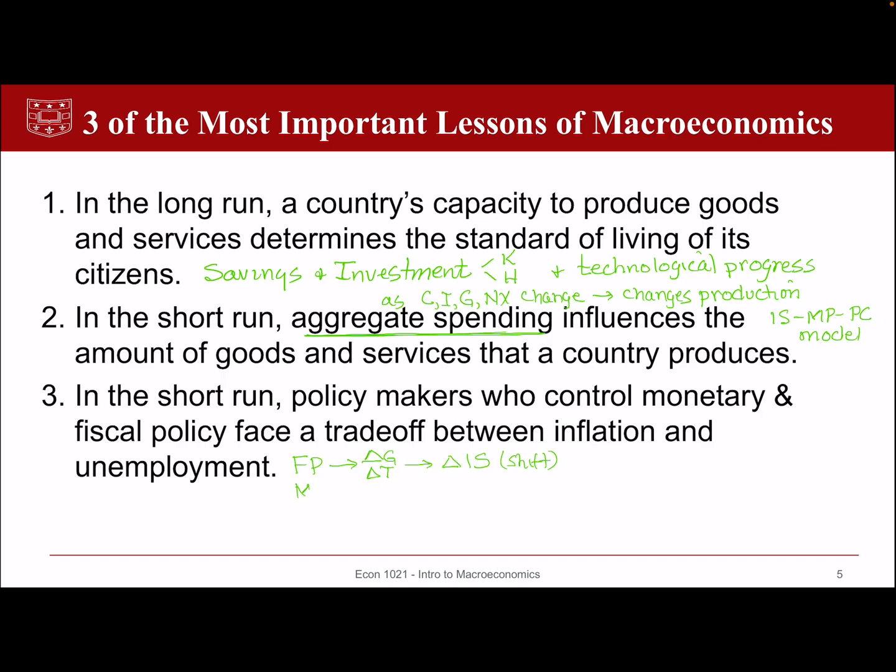And monetary policy is going to be associated with a shift in the MP curve. So this MP is monetary policy. When either of these change, there's going to be a change in the output gap and demand-pull inflation as a result.